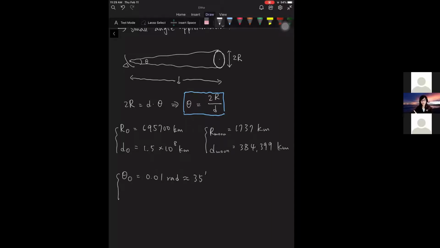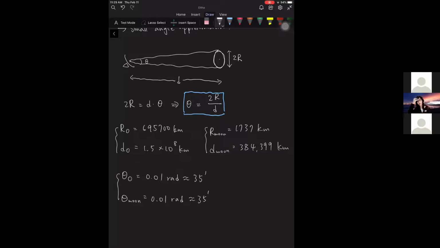Okay, you can also try this yourself. And if we calculate the angular size of the moon, you will also find that the 2r over d is also about 0.01 in radian, and that's also 35 arc minute. So what does this tell us?